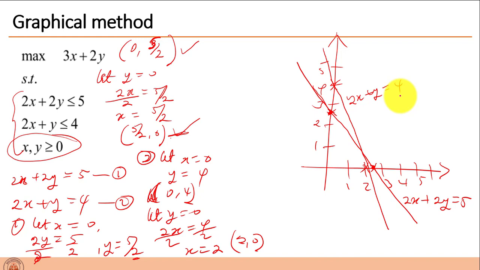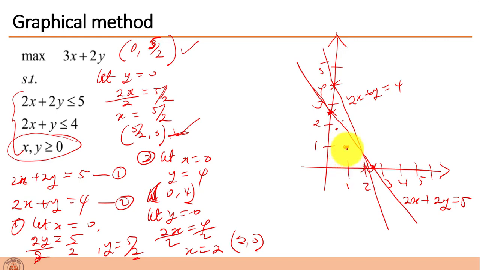Let's go back to the first graph. Let's take 2 points, one here and one here. One here would be maybe 1 and 1, that I know is inside.